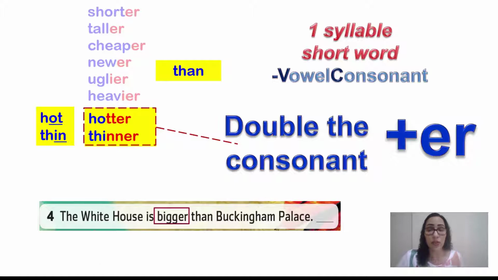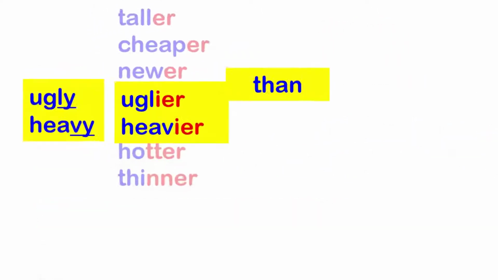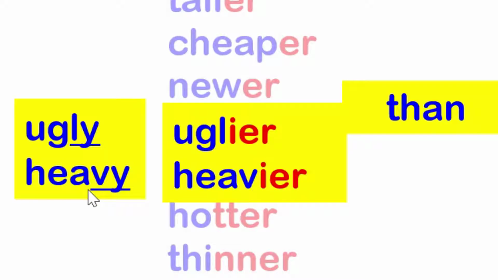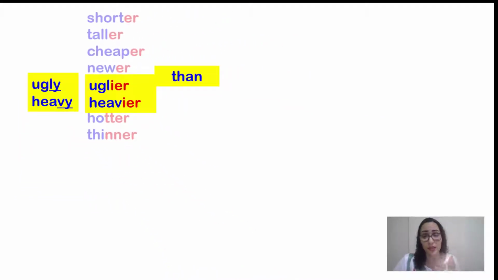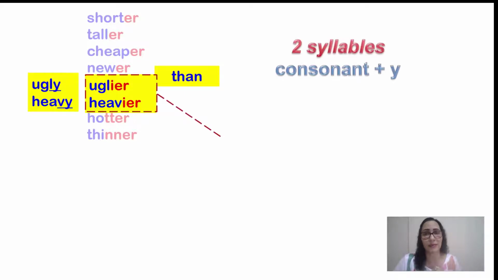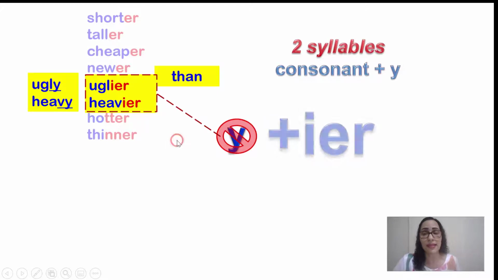The last part of the first group is this one: ugly, heavy, which are actually 2-syllable adjectives. Yes, they are, but they end in consonant and Y, and that's why they belong to the first group. If you pay attention here, ugly, uglier, heavy, heavier, you are going to notice that what we do with these kind of adjectives is that we drop the Y and then we include IER.